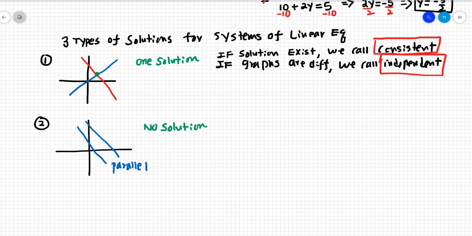Unless they cross one another, you're not going to have any solutions, right? So in this case, you don't have a solution. So that means we have an inconsistent system, because no solution. And indeed, the graphs are going to be different. So graphs are different.